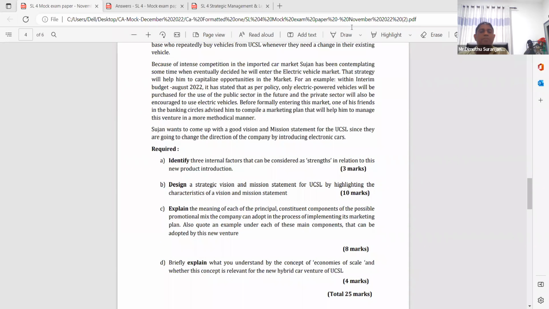Explain the meaning of each of the principal constituent components of the possible commercial mix the company can adopt in the process of implementing its marketing plan. That is the promotional mix: advertising, sales promotions, public relations, direct marketing. Those are the parts of the promotional mix.